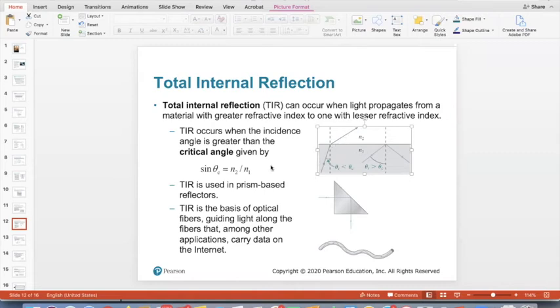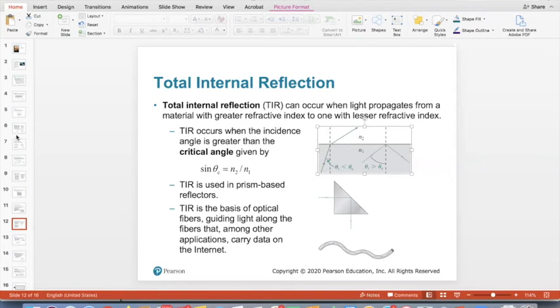Well, if the indices of refraction match up right, this could be bent far enough that this angle could even be bigger than 90 degrees. And we call that the critical angle. So imagine if this light ray comes up and gets bent so far that instead of going up into the air, it just rides along the top of the water.